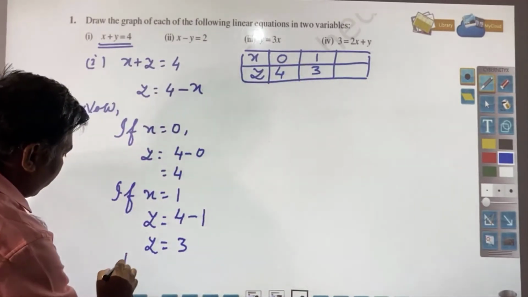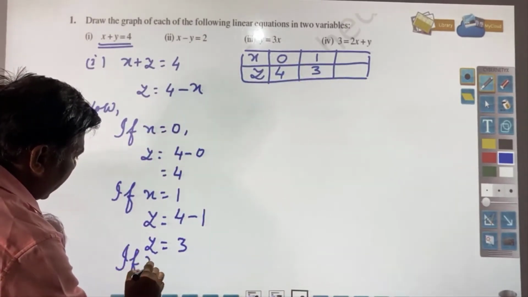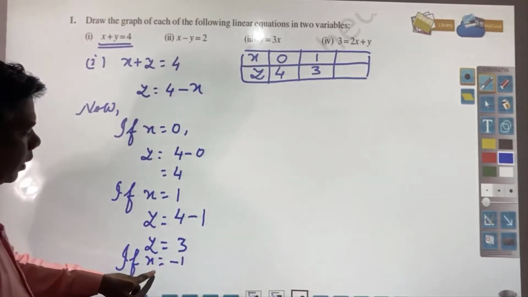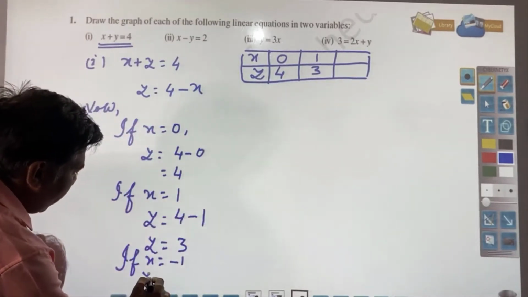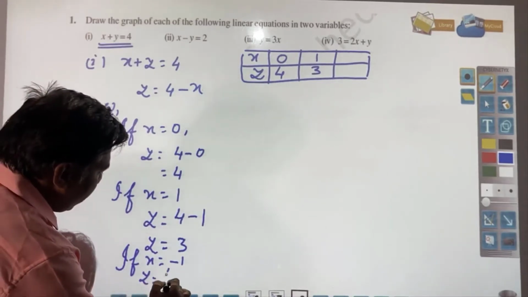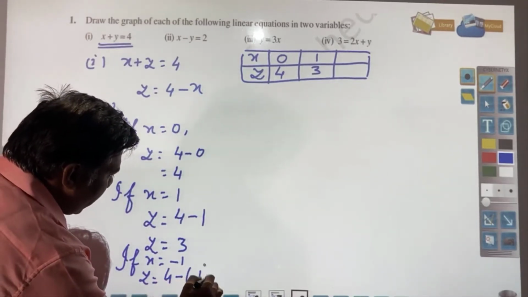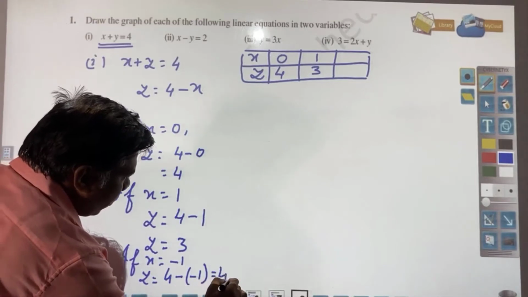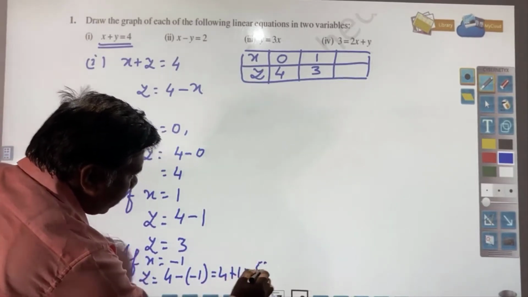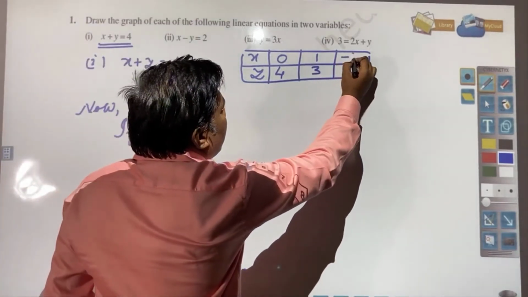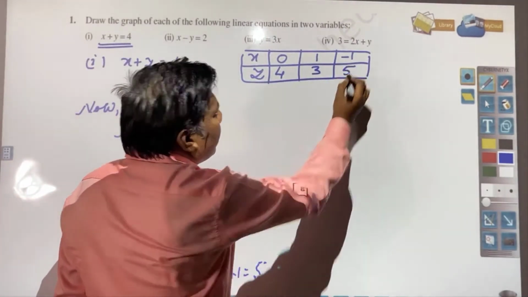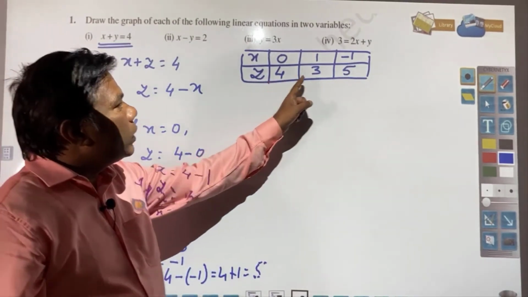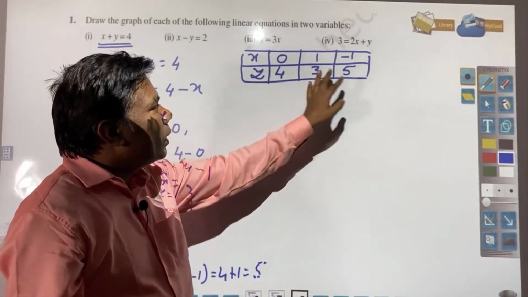Next you can assume if x is equal to minus 1, then y will be what? y will be 4 minus minus 1, it means 4 plus 1, it means 5. So when x is minus 1, y is 5. Now 3 coordinates of x and y you have got.